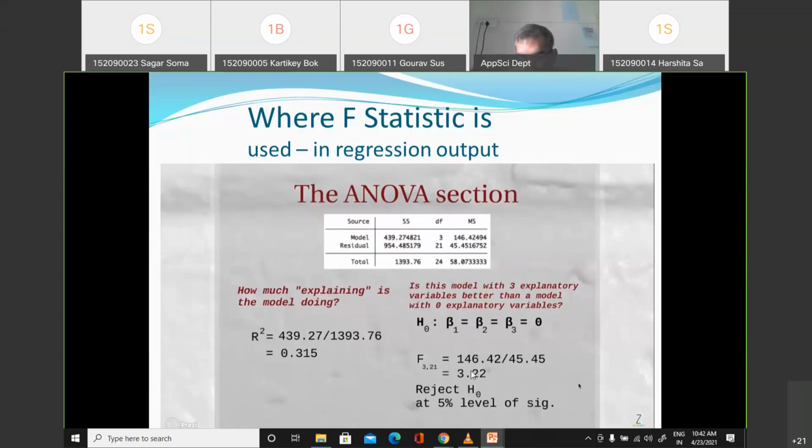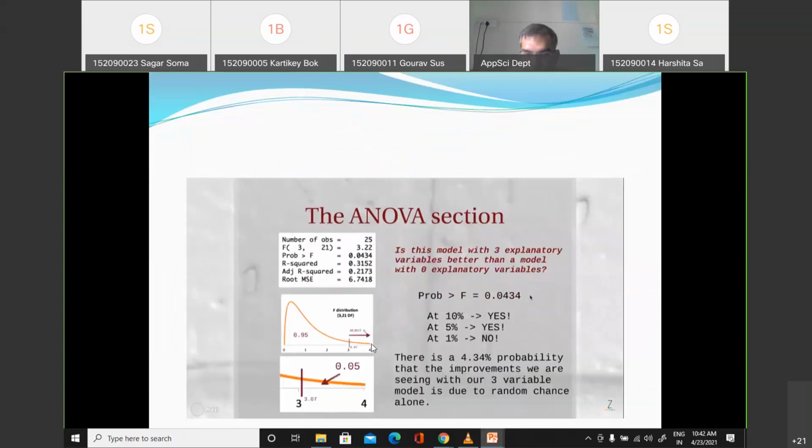So here, as our test statistic comes out to be in the rejection region, from the table we will get the critical value, and our value comes somewhere here, beyond the critical value.